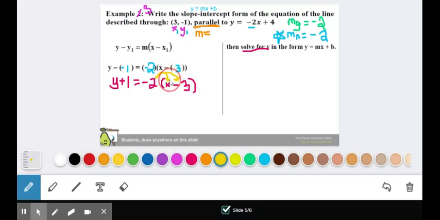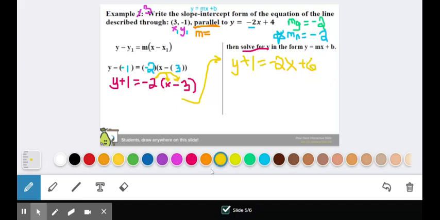So I will end up with y plus 1 doesn't change, equals -2x. Remember, a number mashed up with a letter is multiplication. -2x. And then -2 times -3, a negative times a negative is a positive, so that's plus 2 times 3 is 6.